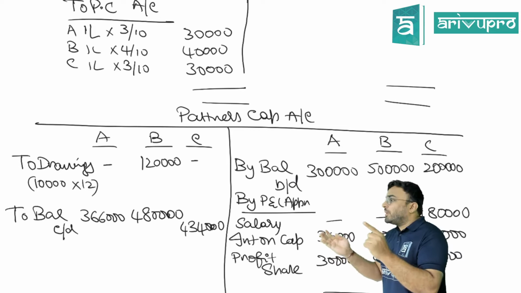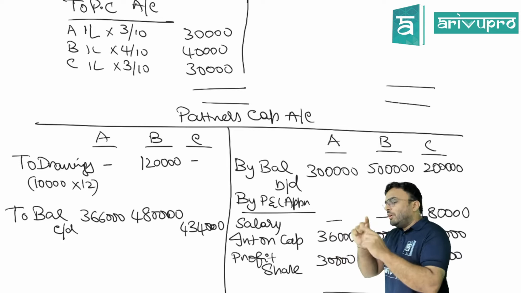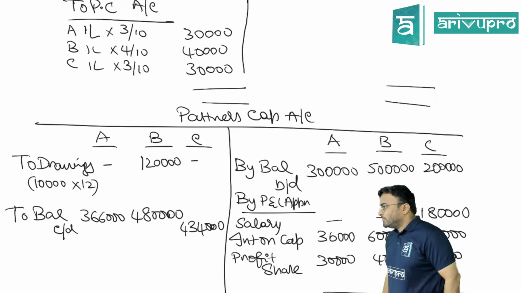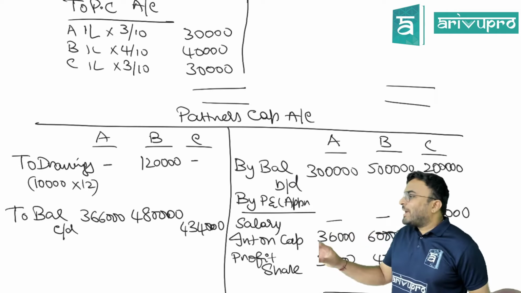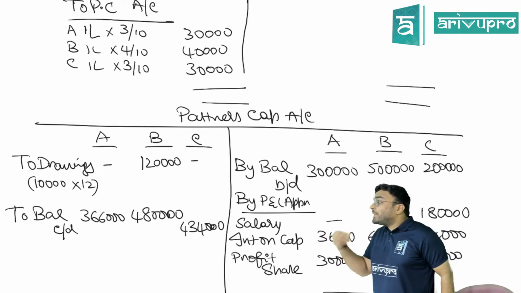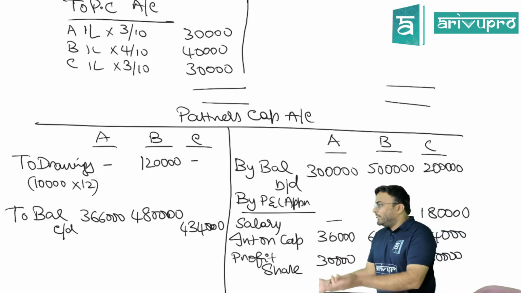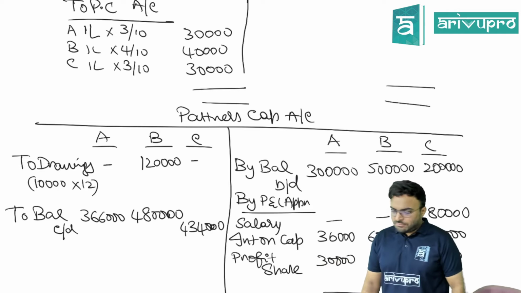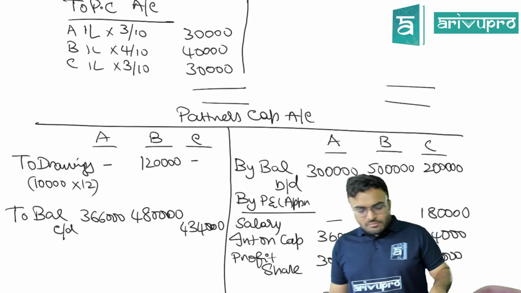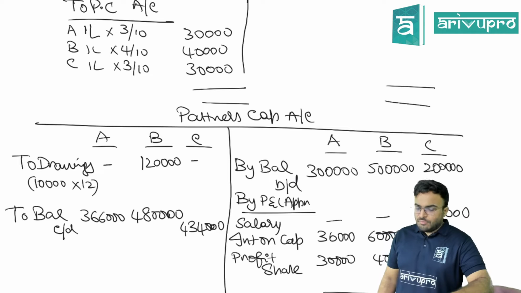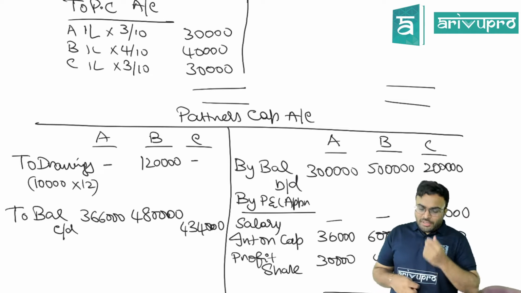So what should we do? We should remove that, so reverse whatever they have done. Is that clear? The problem is the complete error is not given. They have not told what they have credited. But rent is clear, because we know rent should be in P&L. Is it clear? Can we go further?